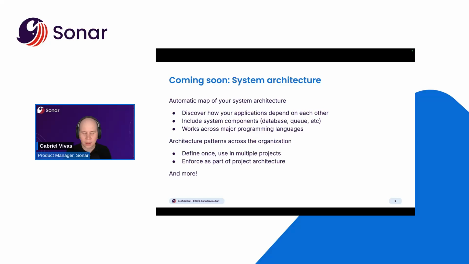This is going to bring the ability to map your whole system automatically, discover how your applications depend on each other and how they relate to those system components we were talking about. And it's also going to work across programming languages, like our current application architecture feature. We'll bring in, maybe you got a sneak peek there, architecture patterns across the organization. So you define a small piece of intended architecture that you want to use across multiple projects. So this is part of what we're building beyond the application boundary, just to give you a sneak peek.